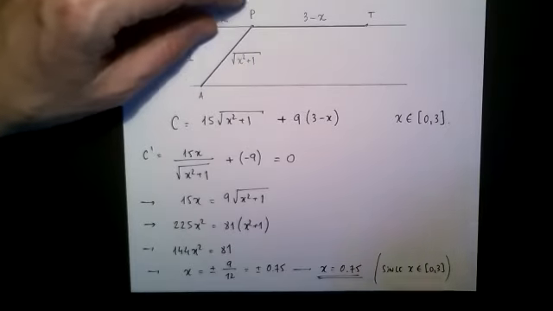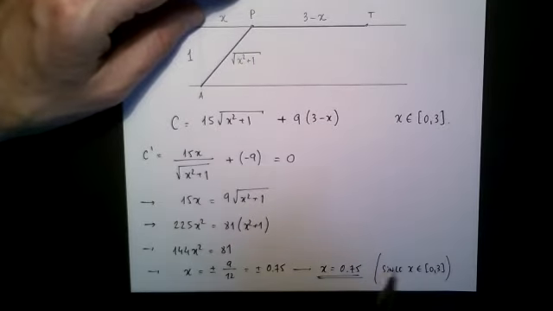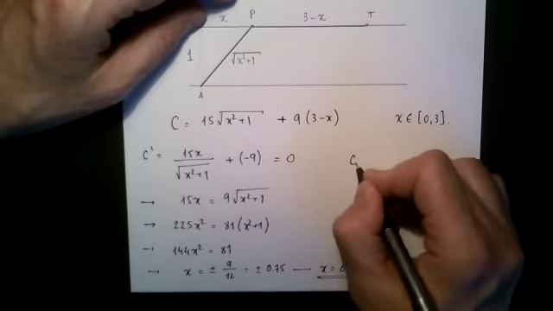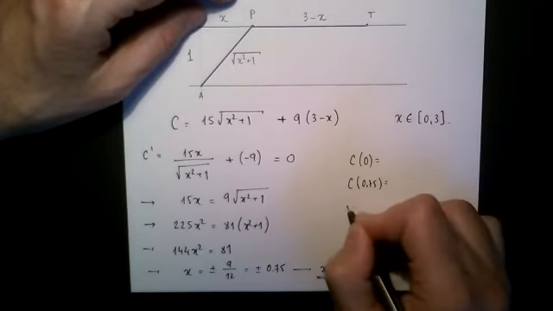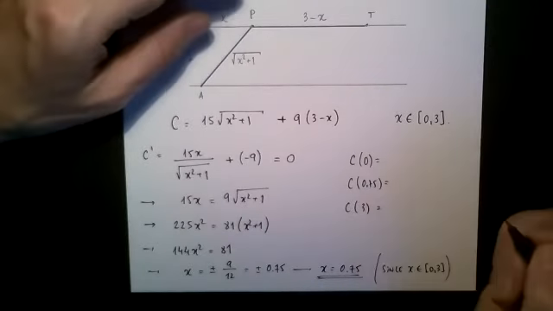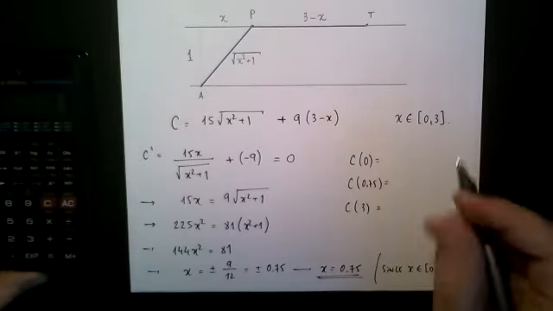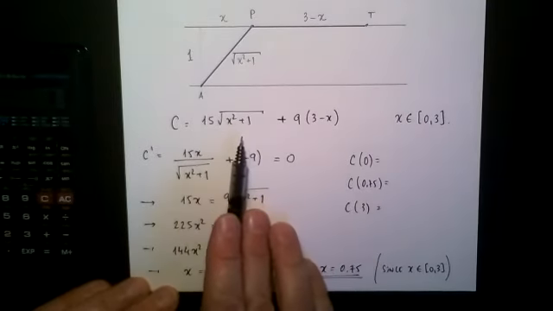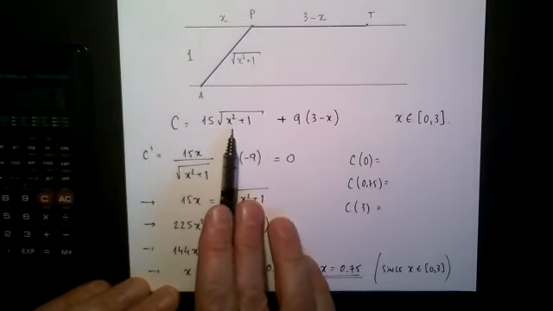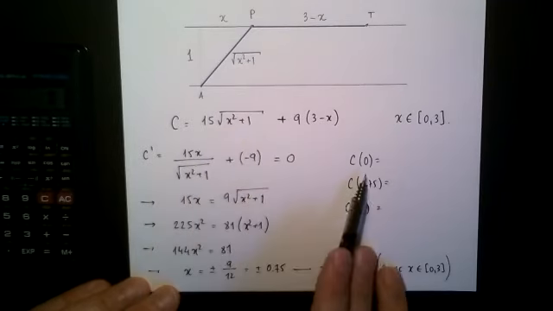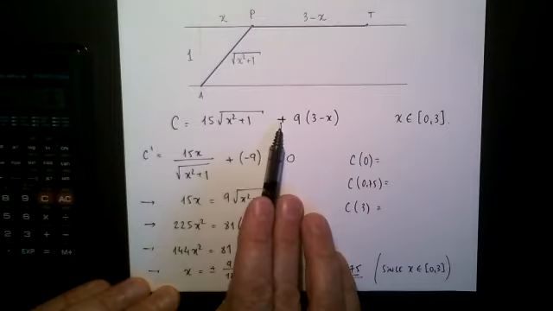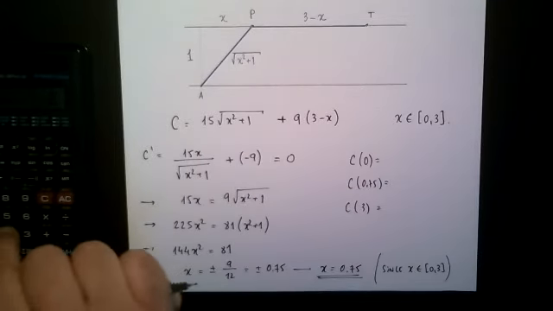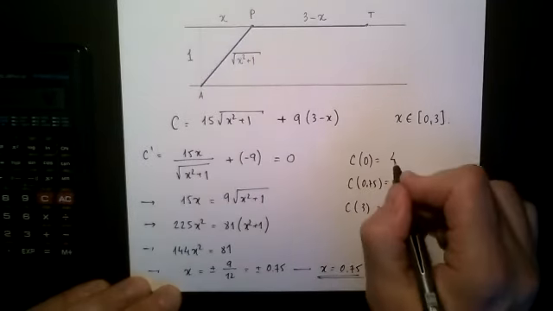All right, so now we need to evaluate the cost at each of the values, right? At 0, at 3, and at 0.75. So C of 0, C of 0.75, and C of 3. Okay, so C of 0. So if x is 0, this becomes 15 plus 27. So it's $42,000.